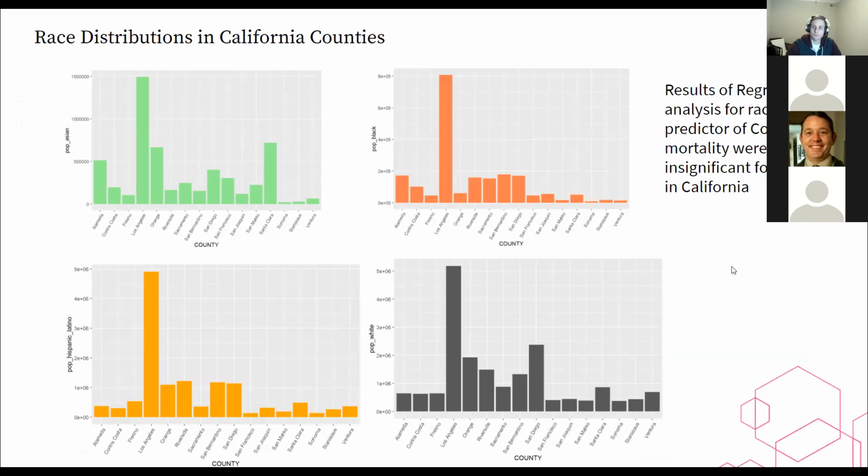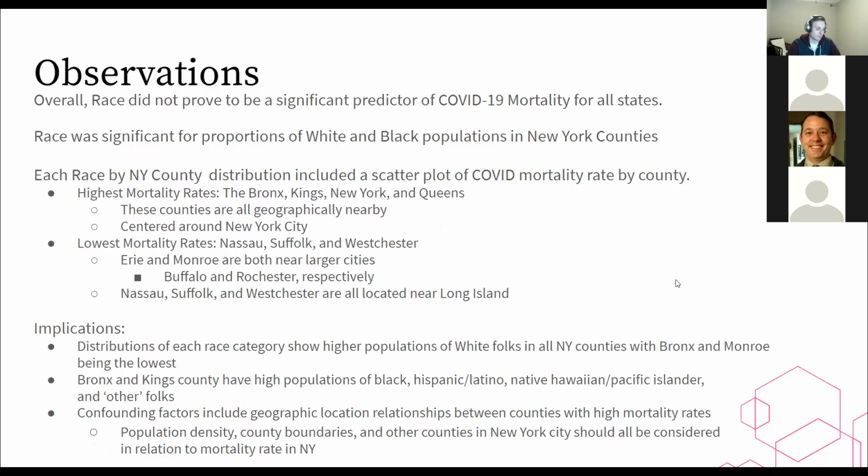So I did not explore those states as in depth as I did New York. And overall, race has not proved to be a significant predictor of mortality rate, although the proportions for white and Black populations in New York counties were significant.